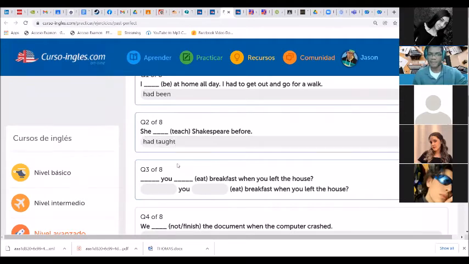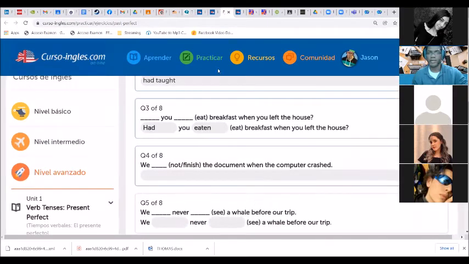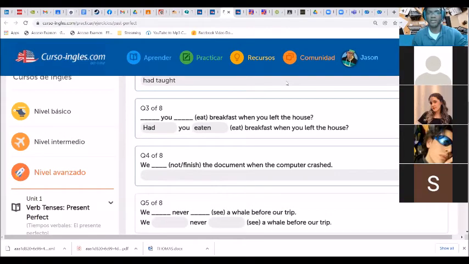Yes, Fabi. Number 3, Fabiola. Had you eaten breakfast when you left the house? Eaten, one more time. Had you eaten breakfast when you left the house? Good. All right, let's keep it going.